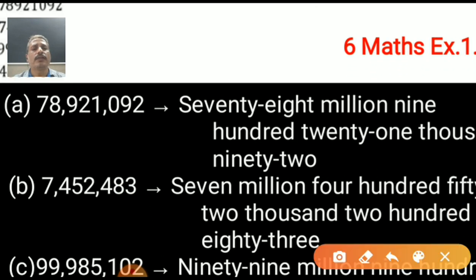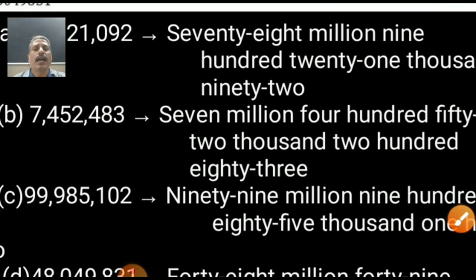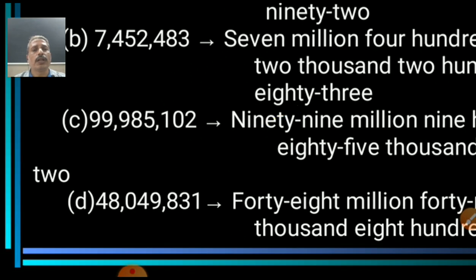Good. See here mistake is there, student. You not clarify. Here is 2 is there. क्वेश्चन में 2 है बेटा, आंसर में गलत है. कोई बात नहीं. 283. नेक्स्ट 99,985,102. 102 is written here directly.